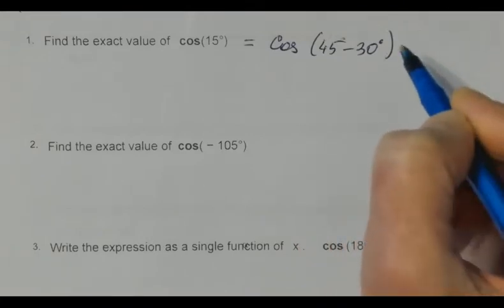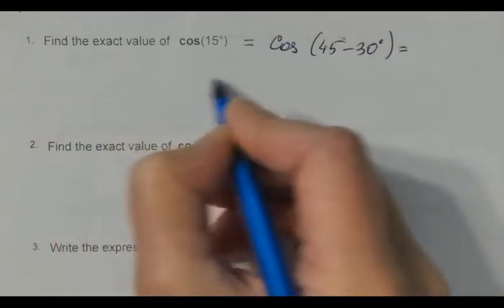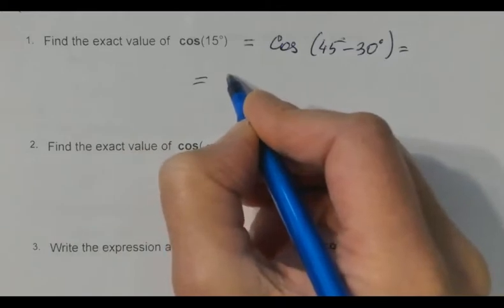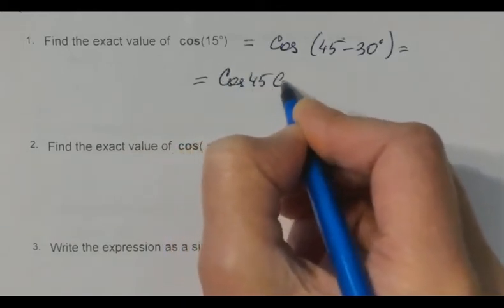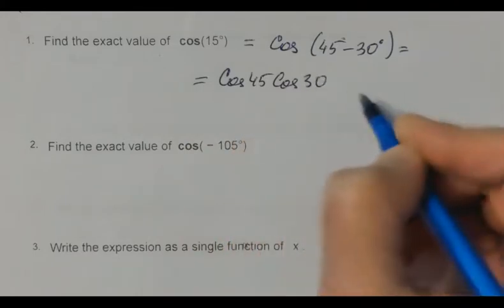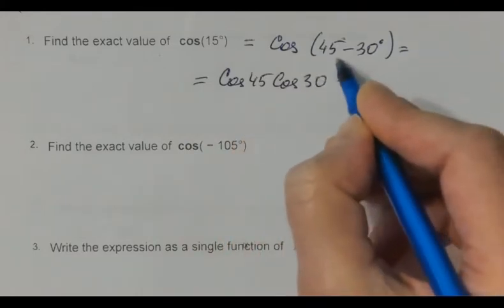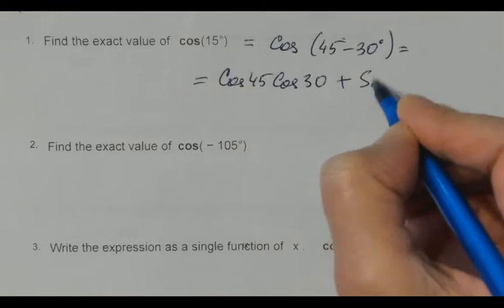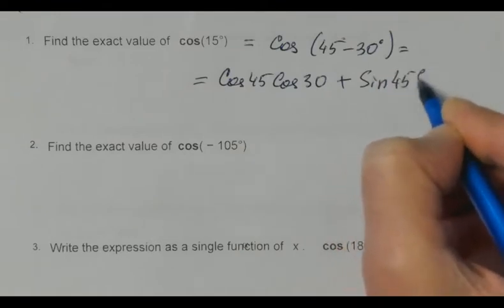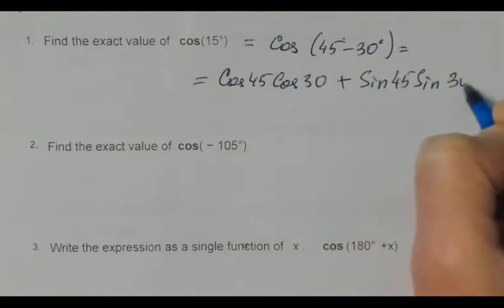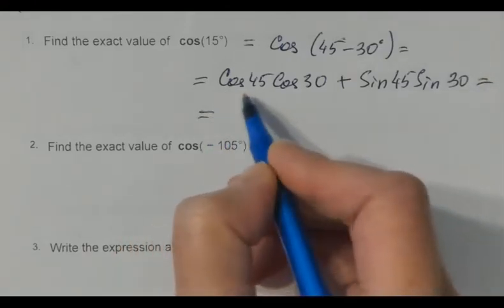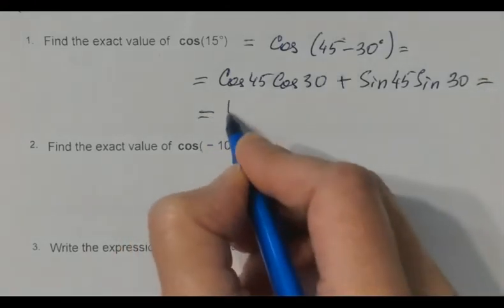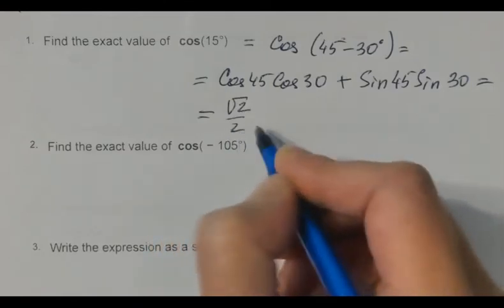And then we use the formula for cosine of a difference: cosine 45 times cosine 30, plus, since we have a difference here, sine of 45 times sine of 30. Cosine of 45 as well as sine is square root of 2 over 2.